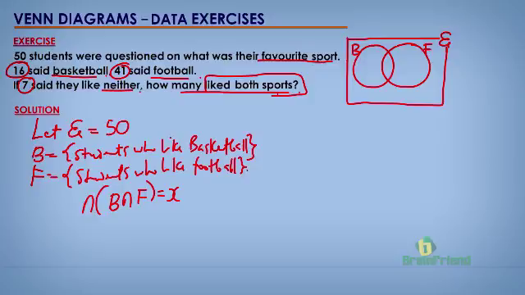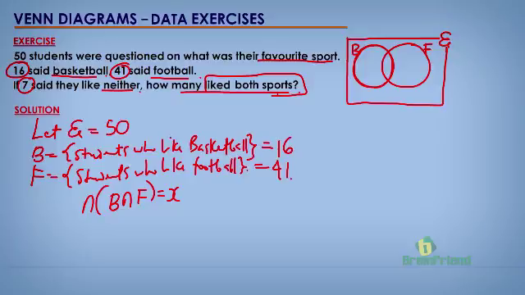The number of students that like basketball is 16, while the number of students that like football is 41. It means that the region of our circle for B, which stands for the students who like basketball, would have 41 within its borders.